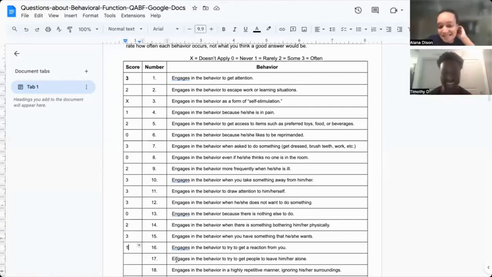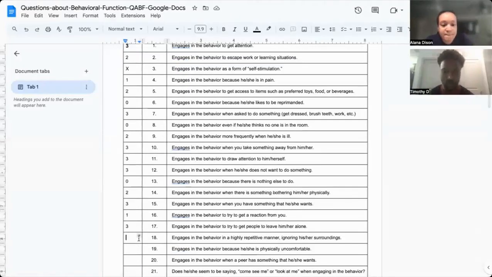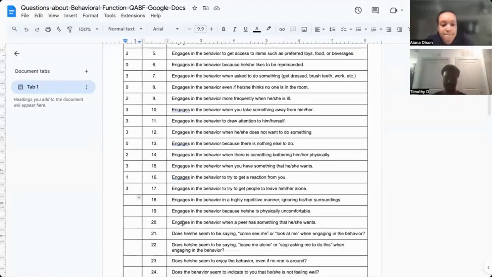Engages in the behavior to try to get people to leave him or her alone. 3. Engages in the behavior in a highly repetitive manner, ignoring his or her surroundings. 2. Engages in the behavior because he or she is physically uncomfortable.